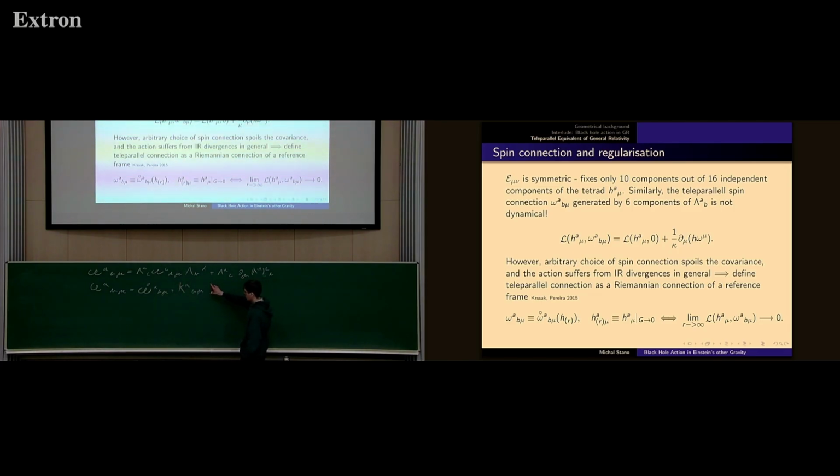Therefore, for these reference frames in the flat case, this second piece will drop out altogether, and what we will be left with is precisely what is written down here. Okay, and it turns out that this is equivalent to demanding a sufficiently strong fall-off for the Lagrangian at radial infinity.